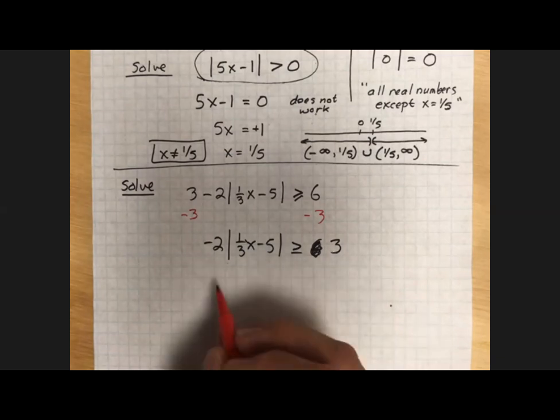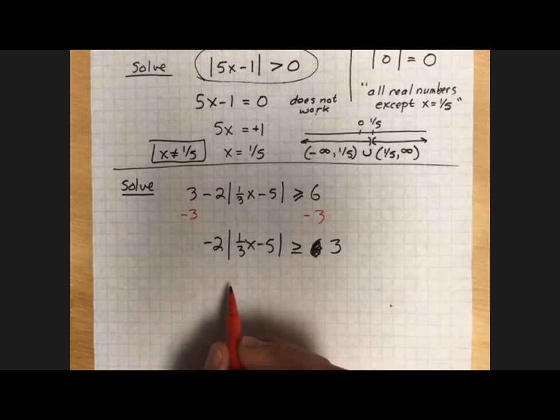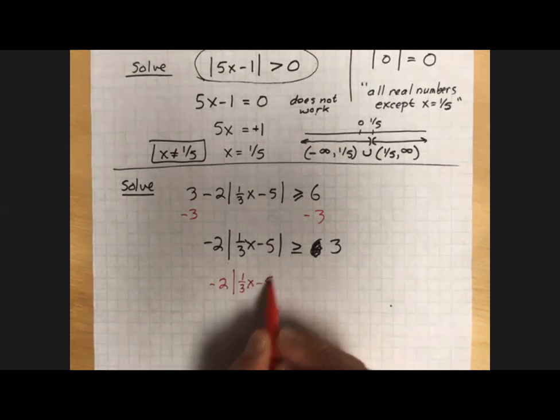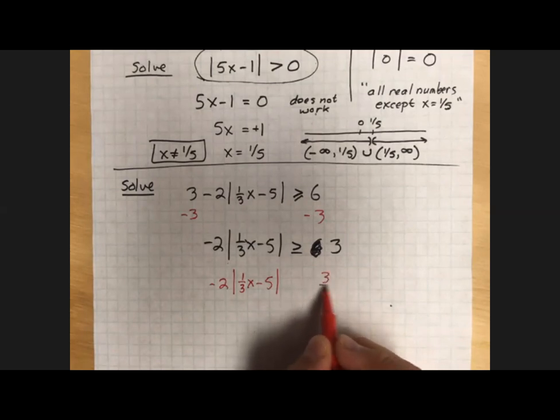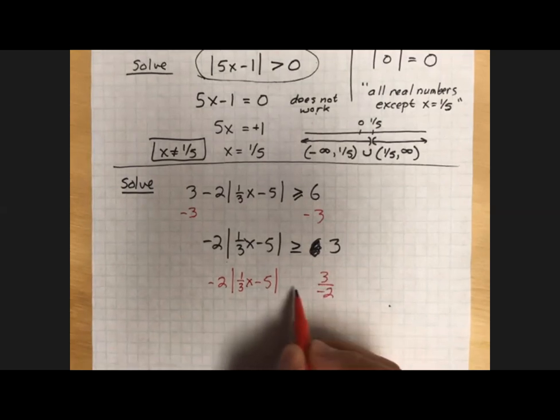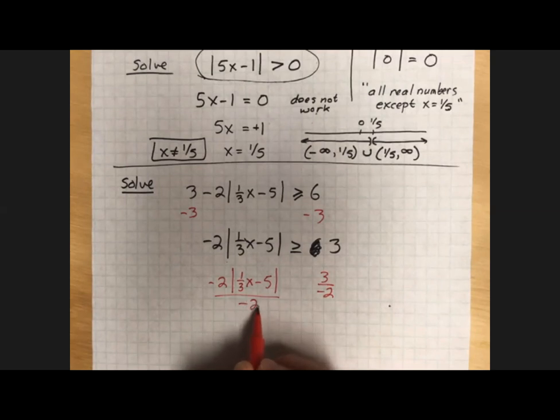Next step. Divide both sides by -2. You are absolutely right, as long as what? You change the sign. Reverse the inequality.